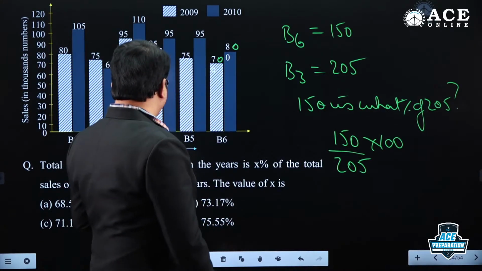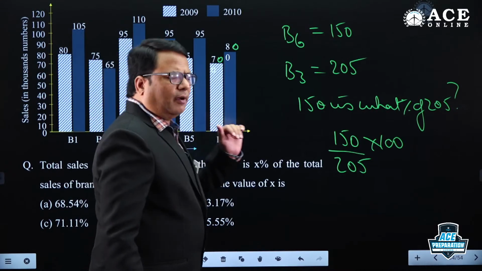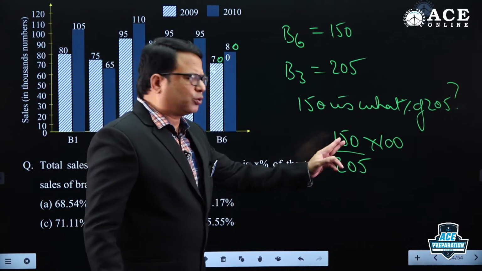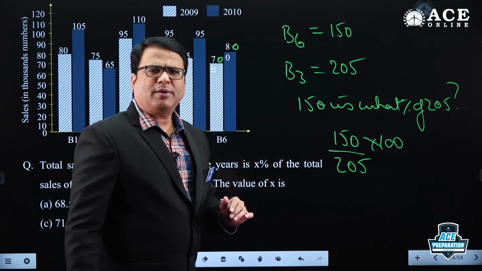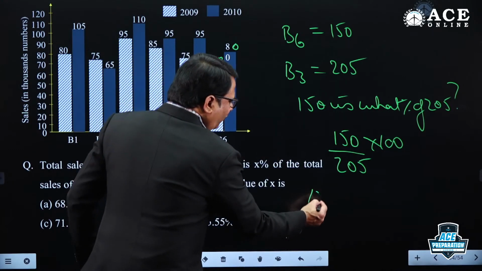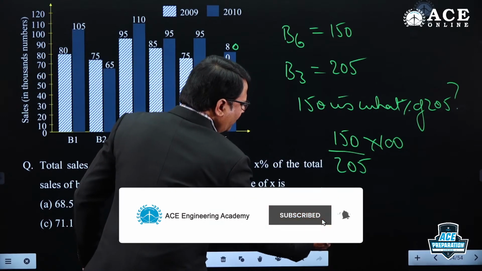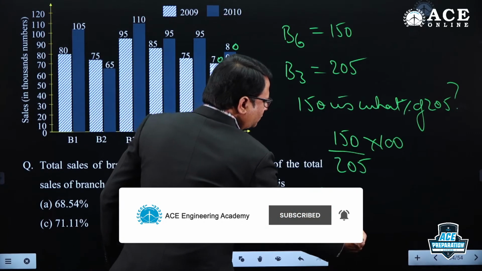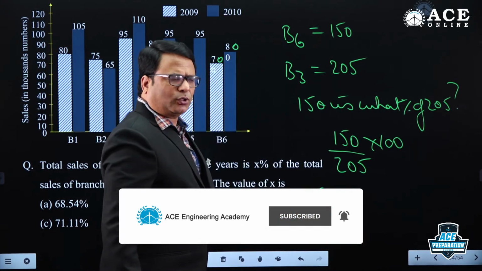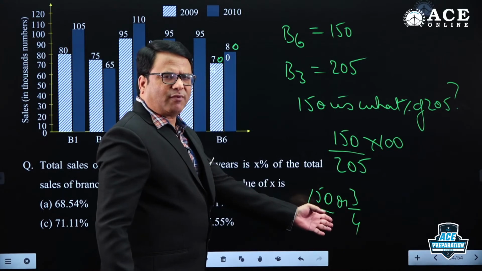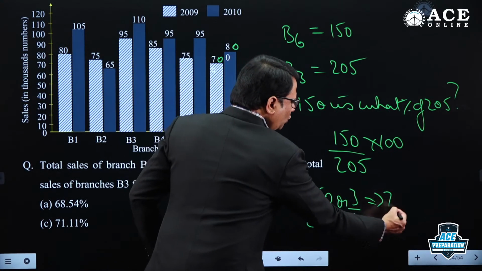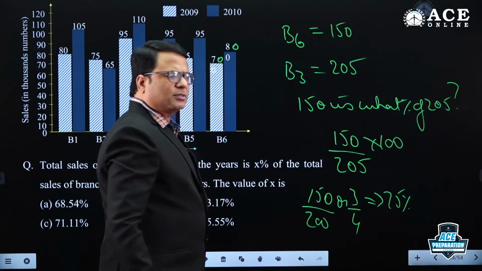Now here we can do this without doing the actual calculations. We can mark the answer. How? I tell you. 150 by 200 is 3 by 4, and 3 by 4 is equal to 75%.